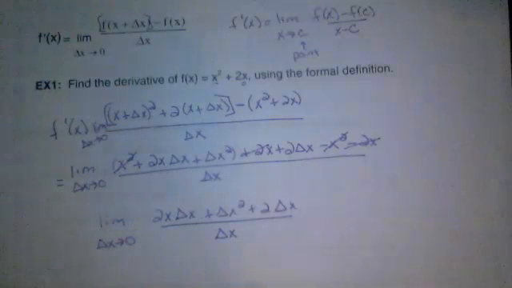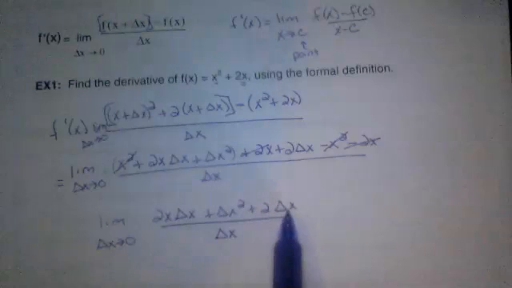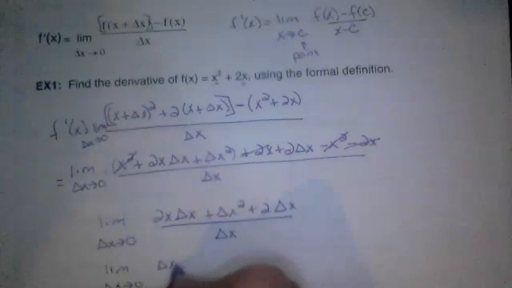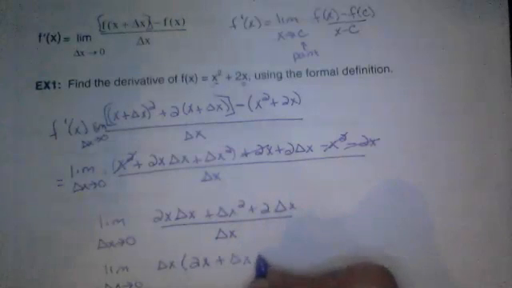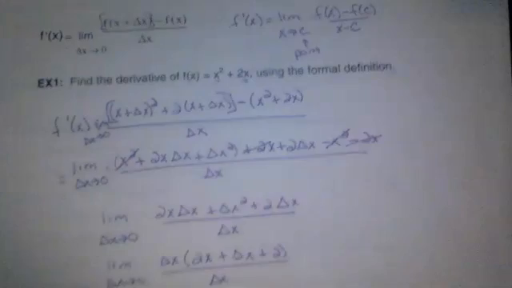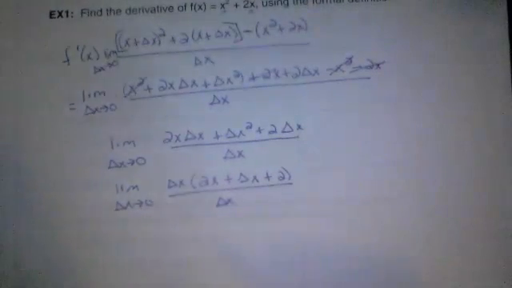All right, so now I can factor a delta x out of all of that stuff in the numerator. So that would give me 2x plus delta x plus 2 all over delta x. And then these will divide out.